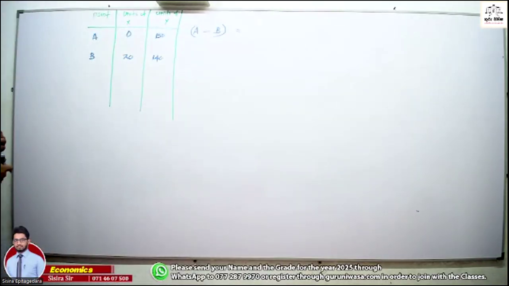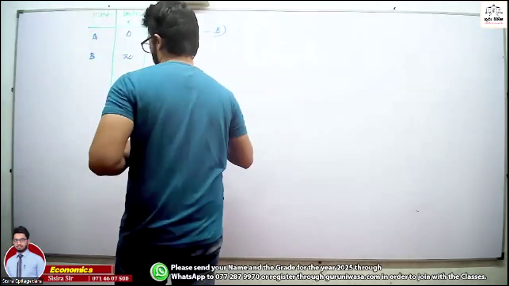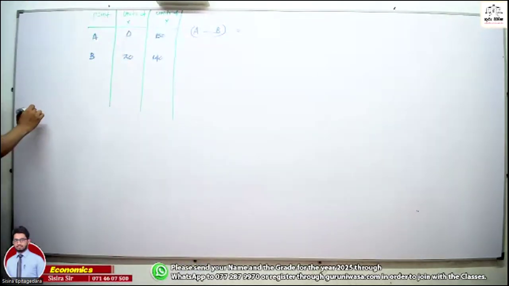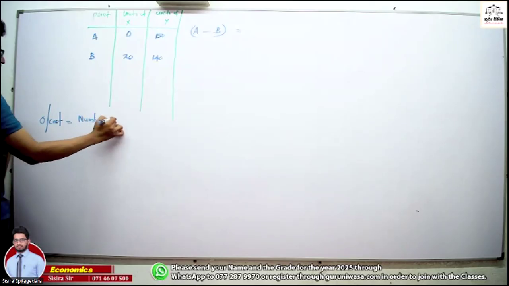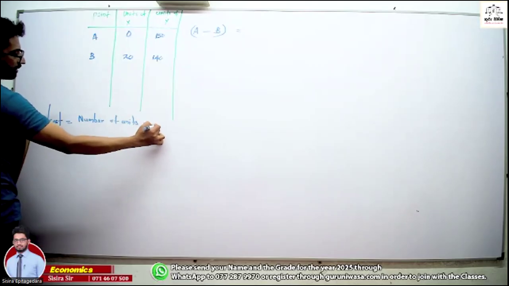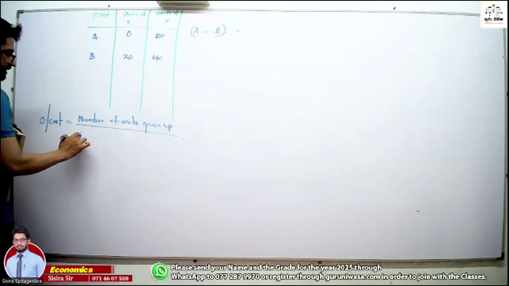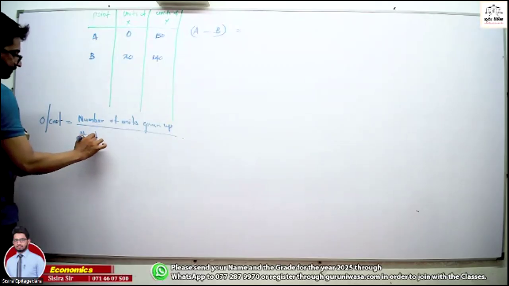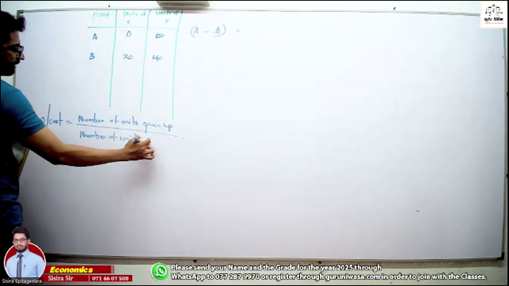Opportunity cost equals number of units given up divided by number of units gained.